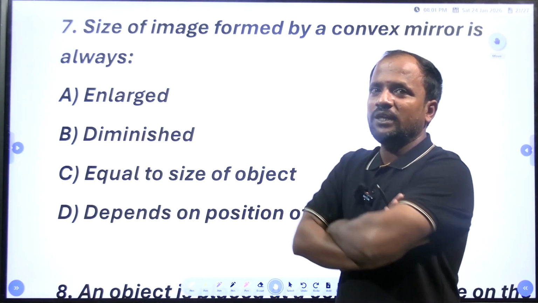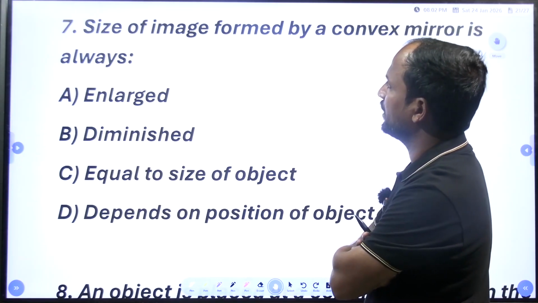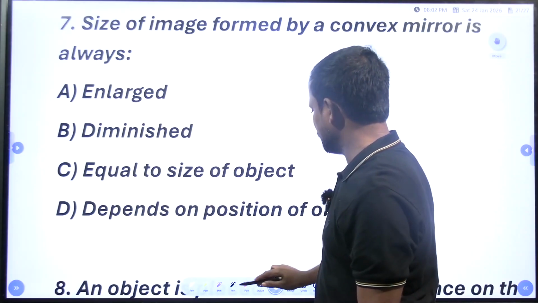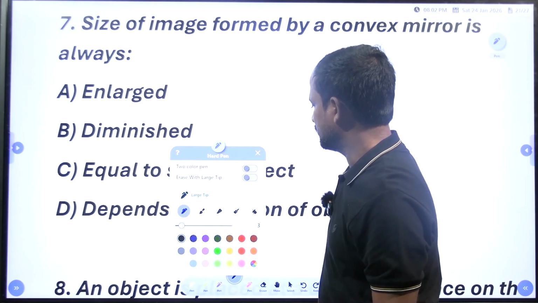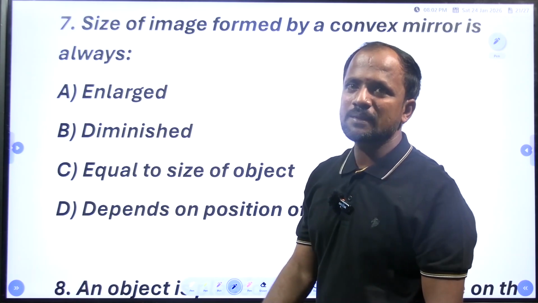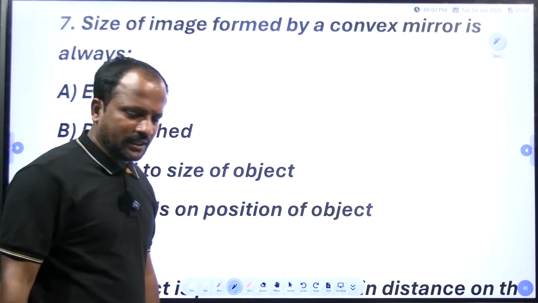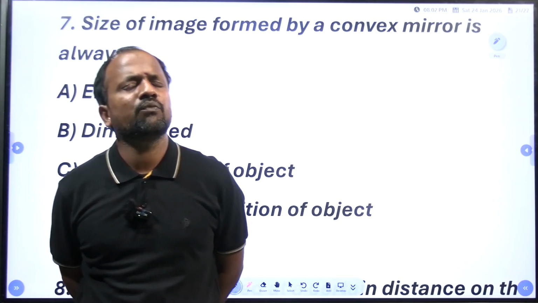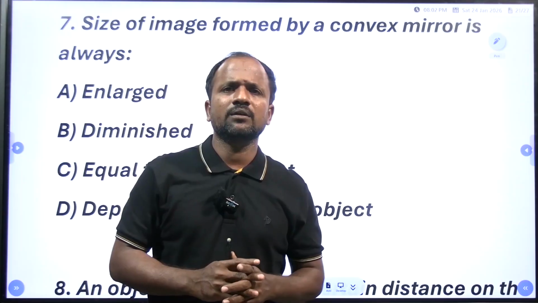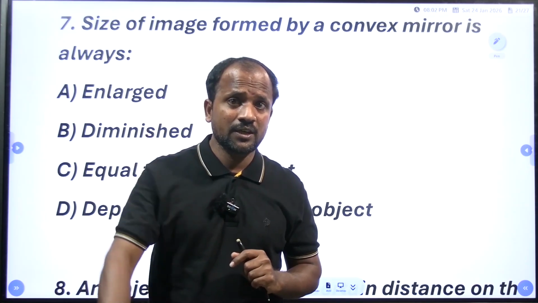Read the question carefully. The size of the image formed by a convex mirror is always... From the ray diagrams of a convex mirror you discussed, if you place the object anywhere in front of the convex mirror, the image size is always diminished.